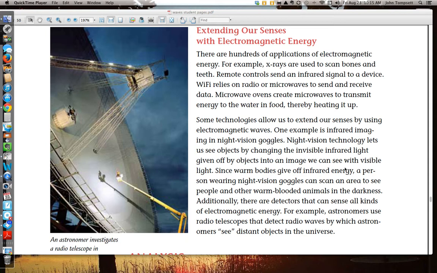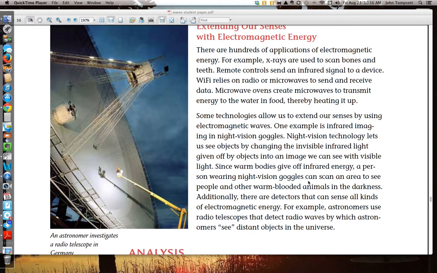Since warm bodies give off infrared energy, a person wearing night vision goggles can scan an area to see people and other warm-blooded animals in the darkness. Additionally, there are detectors that can sense all kinds of electromagnetic energy. For example, astronomers use radio telescopes that detect radio waves by which astronomers see distant objects in the universe.